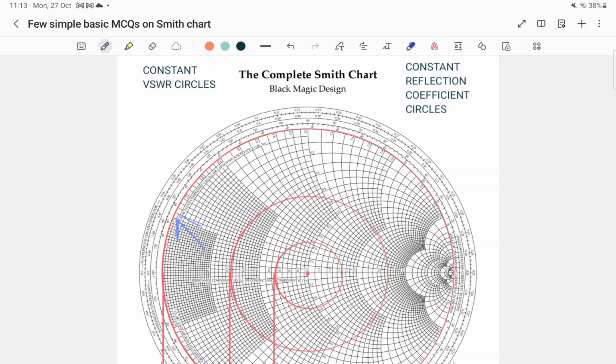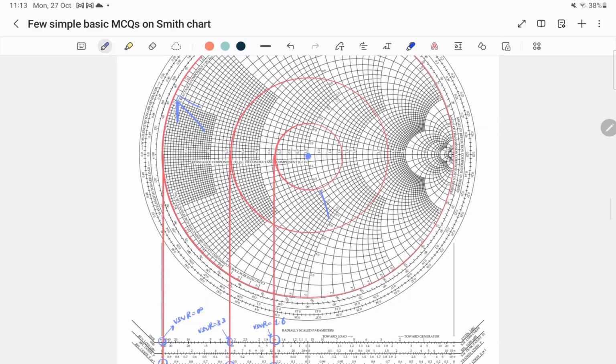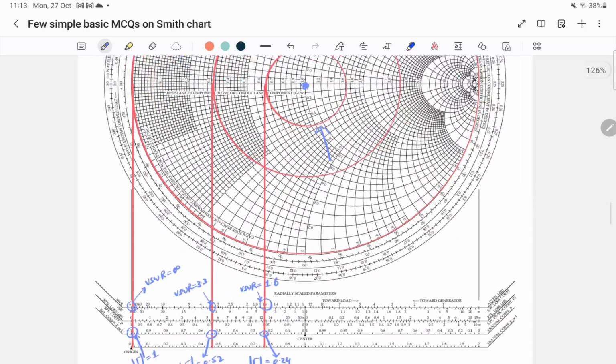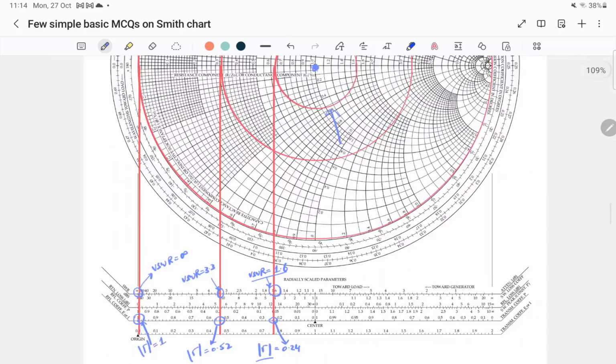All these circles have a common center point, which is the center of the Smith chart. And a single circle can represent two different parameters. The first parameter is VSWR and the second parameter is reflection coefficient.